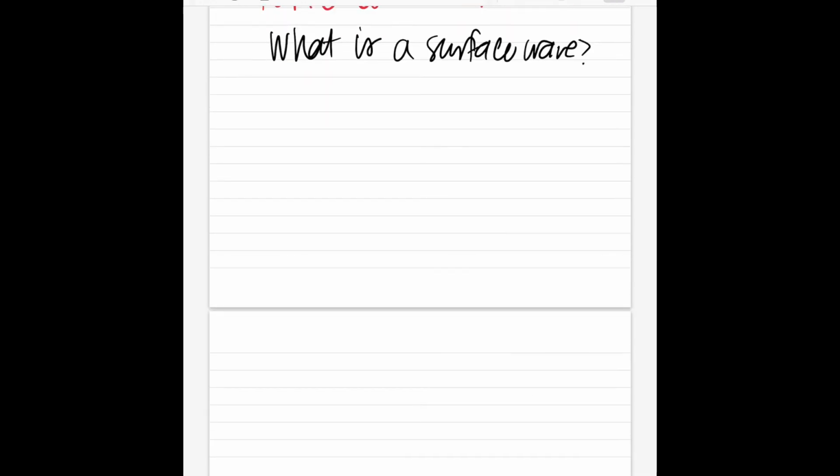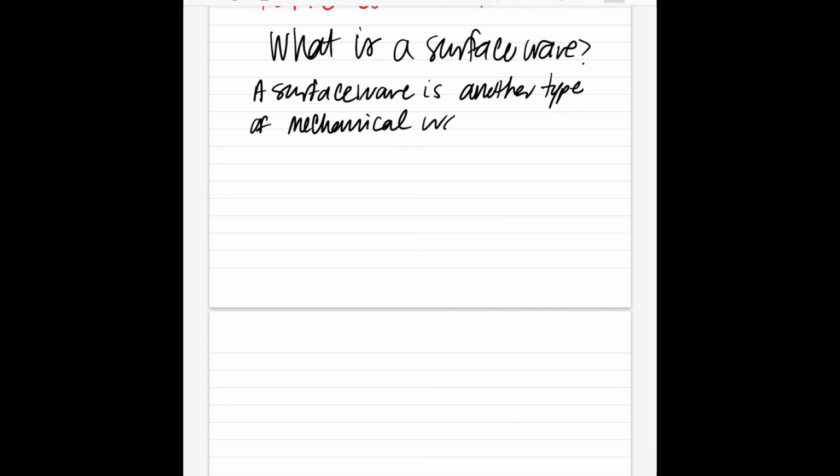So, it's got this picture of these ducks on here. It says a surface wave is another type of mechanical wave that occurs in water.